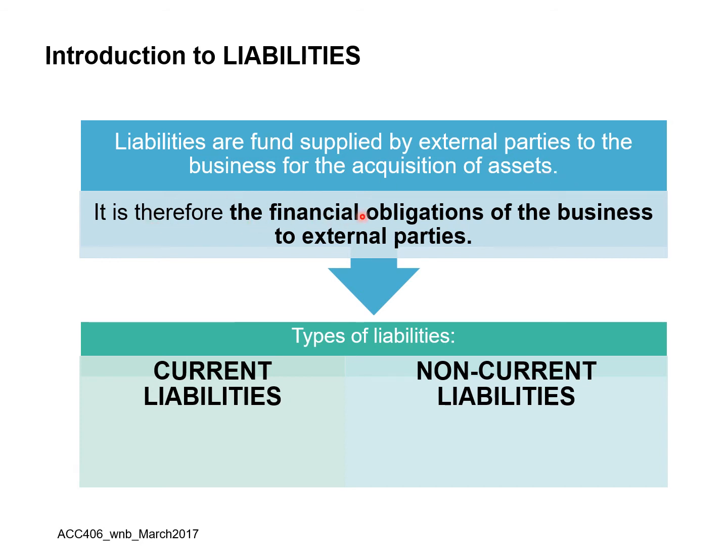It is therefore the financial obligation of the business to external parties. So sebenarnya dia adalah jadinya obligation, kewajipan untuk dibayar balik. Okay. So untuk liabilities we have two types, which is current and also the non-current liabilities.